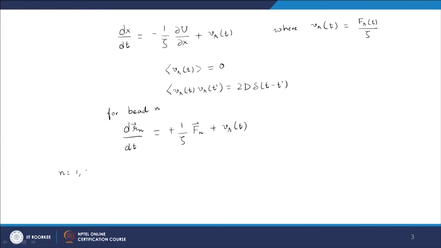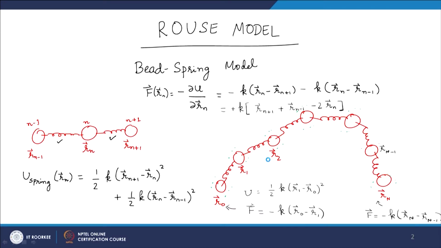So, for n equal to 1 to n minus 1, we have drn by dt is equal to k by zeta with what we have derived.